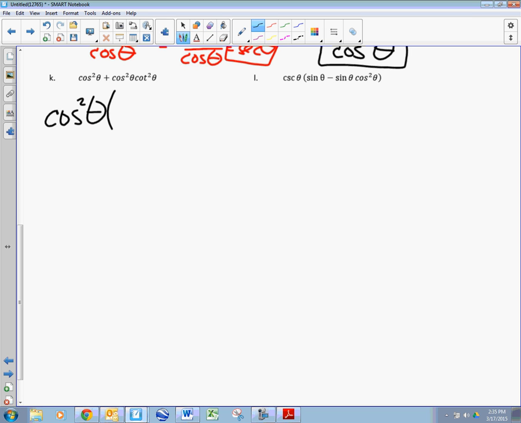Shave says to take out a cosine squared. That's the right step here. Take out a cosine squared. What are you left with? I have a formula for 1 plus cotangent squared. I'm sorry, I have an identity. What is it equal to? Cosine squared times cosecant squared.